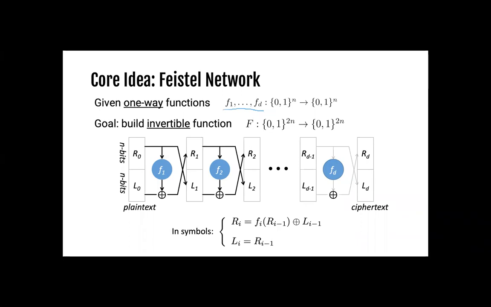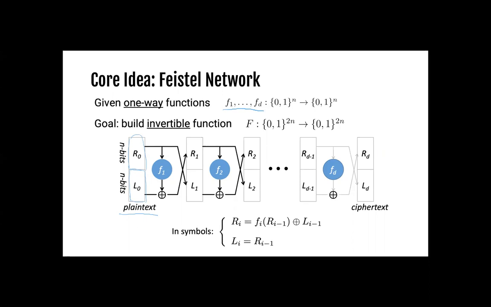Now let's consider the following. This is a plain text, and we're going to divide the plain text into two parts, left and right, and each of them has the same number of bits. Now we're going to convert those halves of the plain text, L0 and R0, to the next layer, which we call L1 and R1.